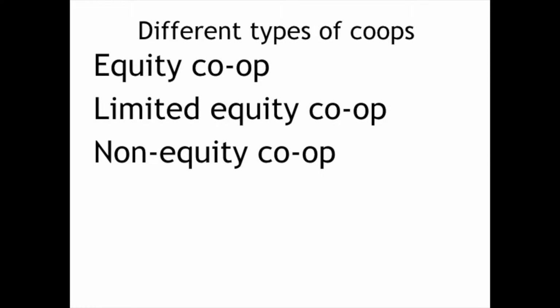Next slide. There are three types of housing cooperatives. There's a market cooperative, there is a limited equity cooperative, and there is a non-equity cooperative. The market cooperative can be sold at whatever the market will bear, although typically it will be slightly less than what a condominium would be.